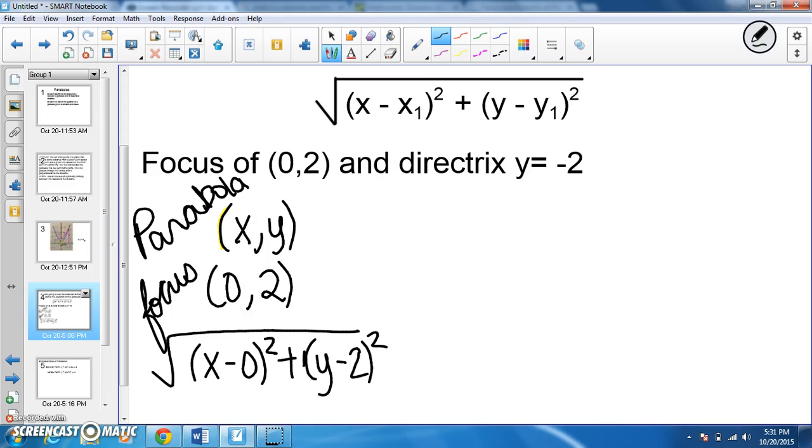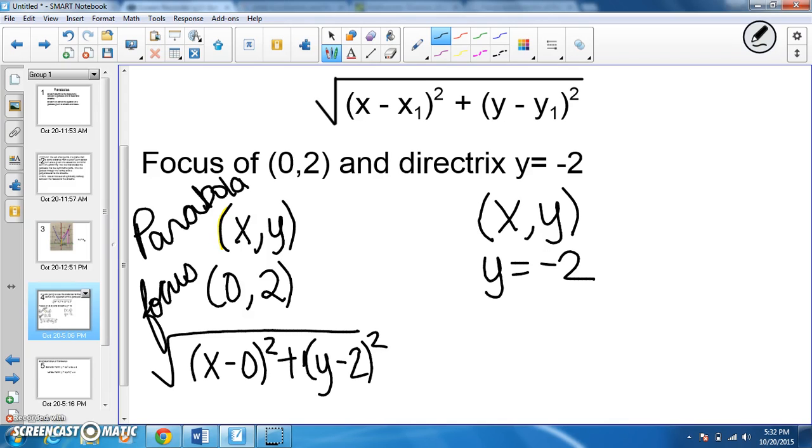Then you want to set up the distance formula for the directrix and the parabola. So once again, the point on the parabola is going to be (x, y). And the directrix will be y is equal to -2. So the point on the directrix we will use shares the same x coordinate as the point on the parabola.